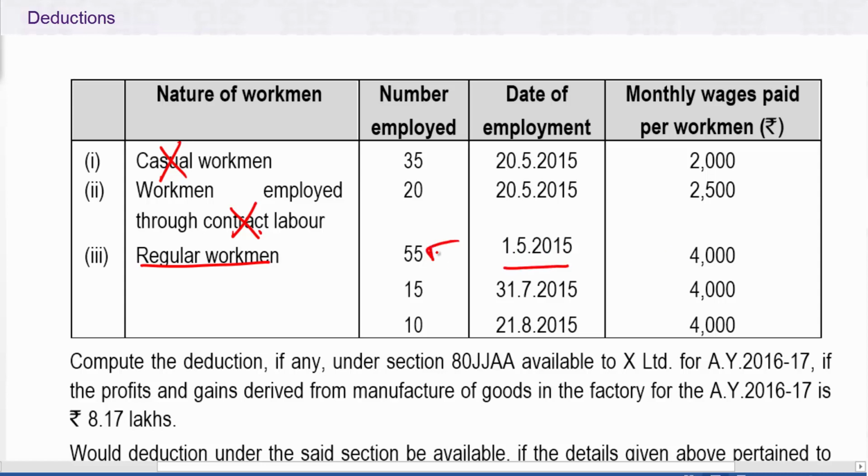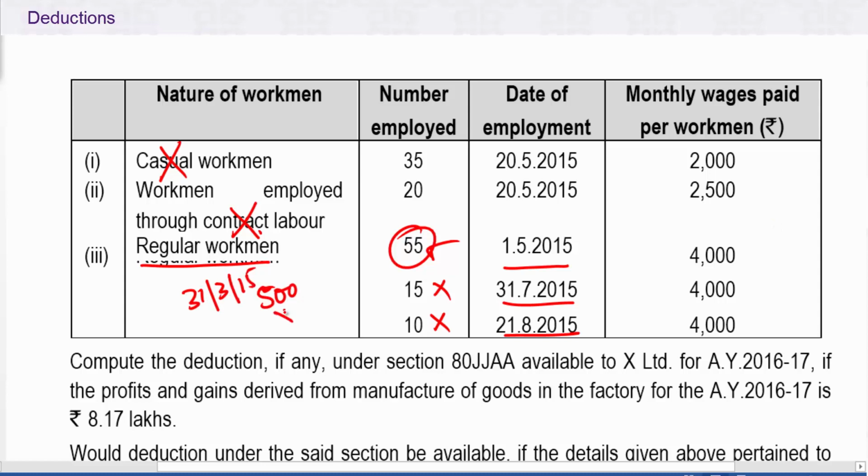1/5, okay, these are okay. 31/7, not okay. August, not okay. So in effect, he has employed only 55 for 80JJAA. And since as on 31st March 15, the total number of workers were 500 into 10%, which is 50, he has employed more than 10%. So he is eligible for 80JJAA, but please understand, the deduction is not restricted to 50. He will get a deduction for 55 workmen.